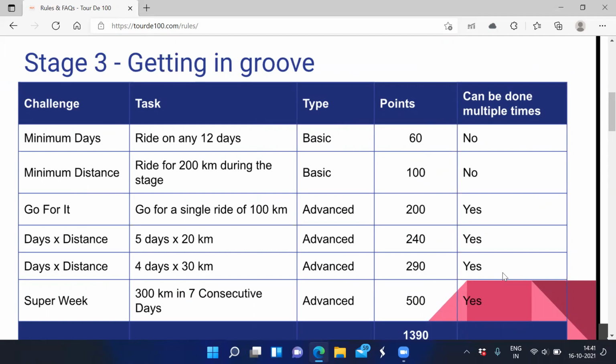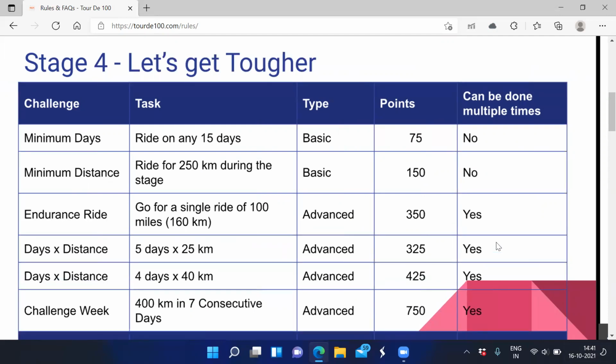Till here it's manageable. You can do your day-to-day work and it's manageable easily. Now the toughness begins, wherein you have to ride approximately 50 kilometers on the weekdays and at least a 100-kilometer ride on the weekend to complete 400 kilometers in 7 consecutive days.